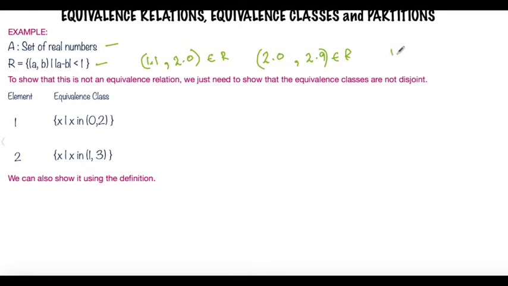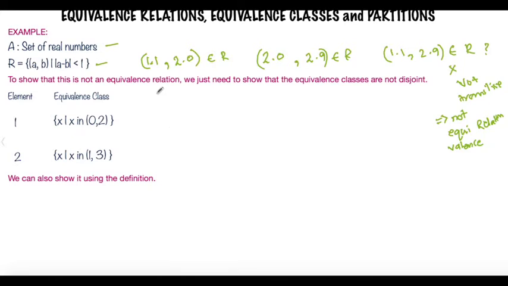But do 1.1 and 2.9 belong to R? No, because their absolute difference is greater than 1. So this means this is not transitive, which means it is not an equivalence relation. Okay, so I should write: this is not an equivalence relation.